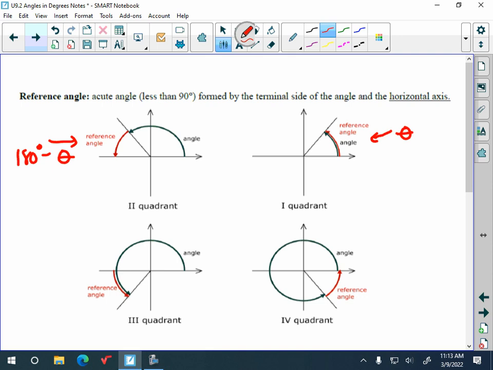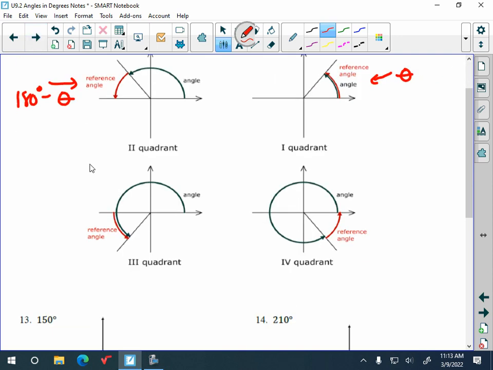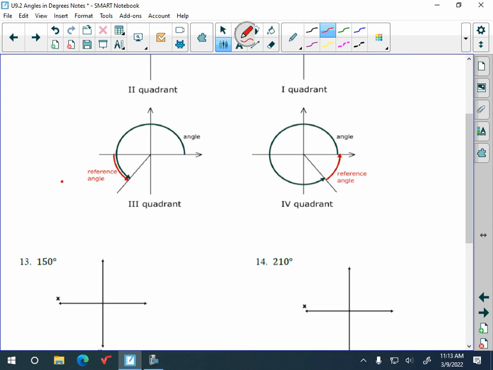All right, if the angle falls in quadrant 3, this is our reference angle right here. And so we can use a formula, take the angle and subtract off 180 degrees. So it's just the reverse. And then if it falls in quadrant 4, then we can take 360 degrees and subtract off the angle.